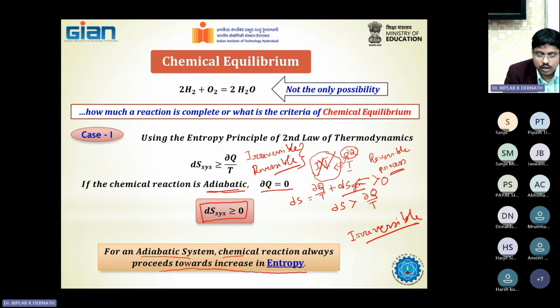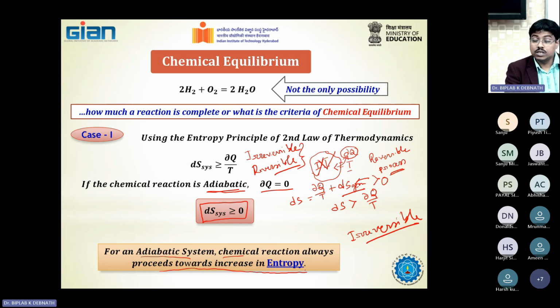So when you are checking a real chemical reaction, when you actually calculate the change of entropy for the chemical reaction, if the entropy of the system is increasing, then the chemical reaction is moving in the forward direction.